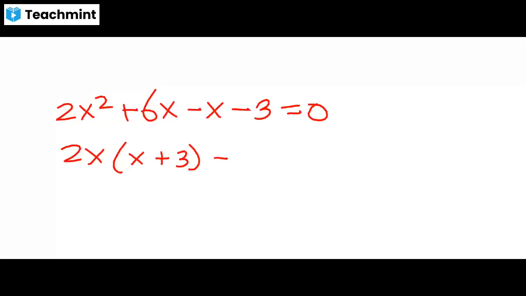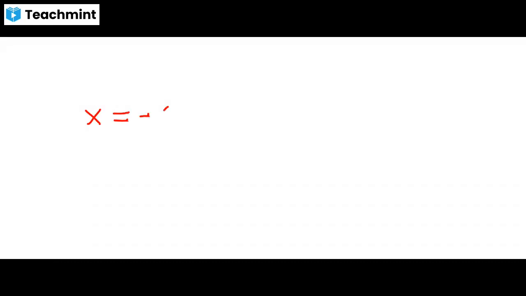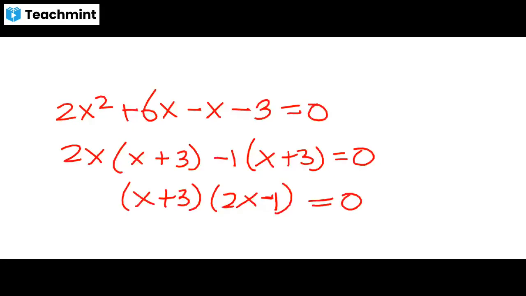You get x plus 3 is equal to 0. So you can write it as x plus 3 and 2x minus 1 is equal to 0. So your two other roots are x is equal to minus 3 and x is equal to half.